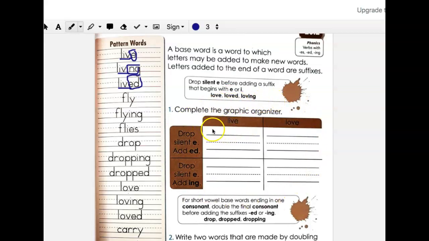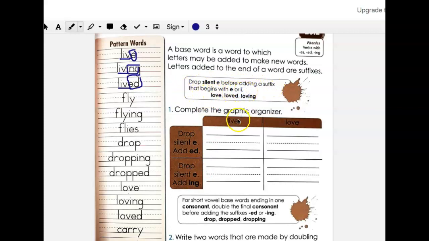Here we have the words live and love. They both end with silent E. If we want to add the suffixes or the endings ed or ing, what do we do? The rule says drop silent E before adding a suffix that begins with E or I.